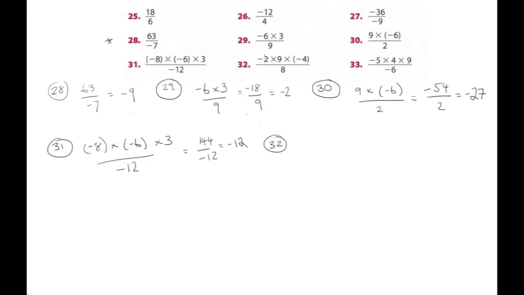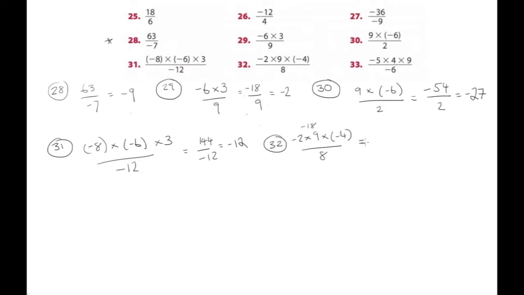Okay, question number 32. Minus 2 multiplied by 9 multiplied by minus 4 over 8. So minus 2 multiplied by 9, 2 nines are 18, and it's a minus 18, because that's a minus and that's a plus. And now we're multiplying it by minus 4.